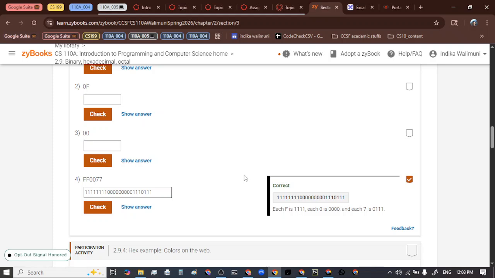No, Canvas Studio. Let's click on that again.